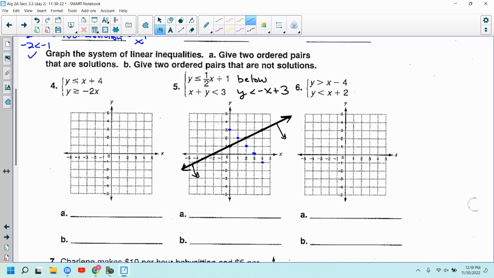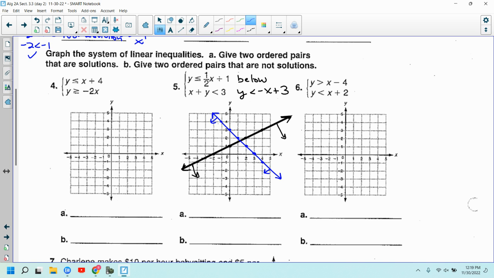Down 1 over 1. Make it solid. Braden, above or below? Below. Okay, now we got both of them are below.